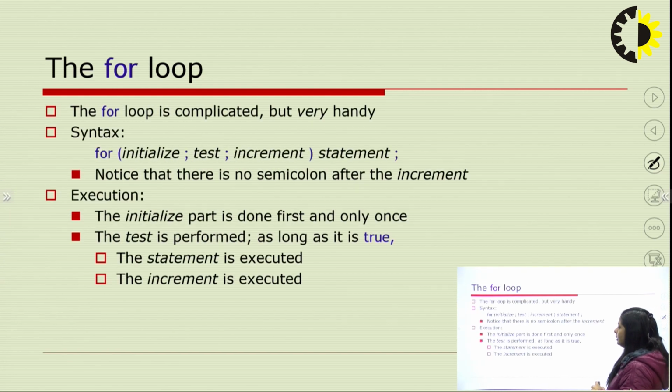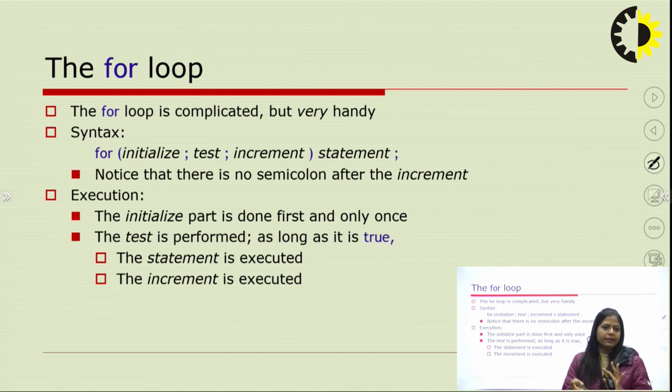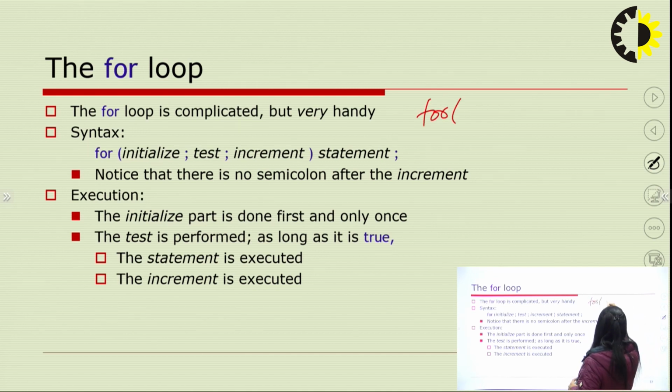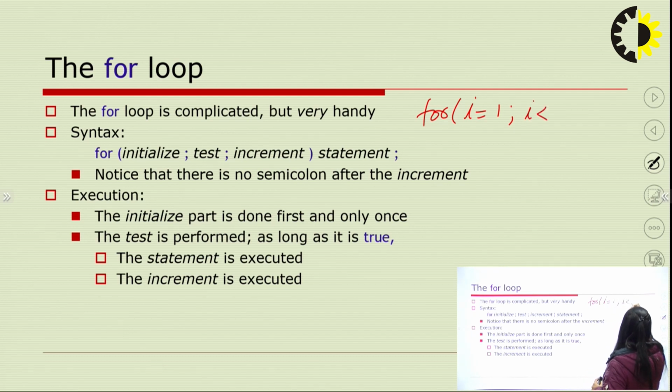This is a very important and most commonly used, or you can say a user-friendly or handy kind of loop. So what is the syntax of the for loop? We say for, then initialize the value. For example, i is equal to 1, i less than or equal to 10, i plus plus, right?